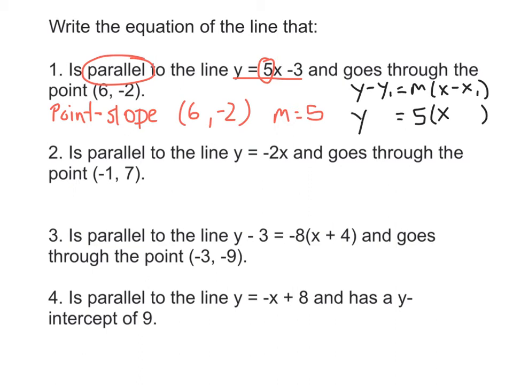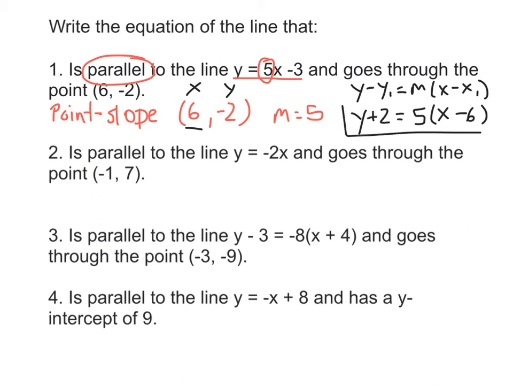So now our x1 goes in and our y1 goes in. Our x is going to go over here in the parentheses. Again, if the 6 right here is positive, we're going to put this in as -6. And then since our y value right here is -2, we're going to put in +2 with our y.